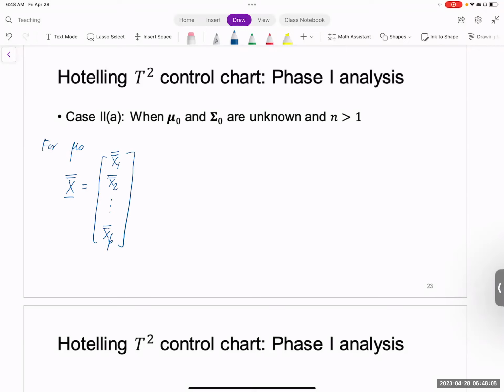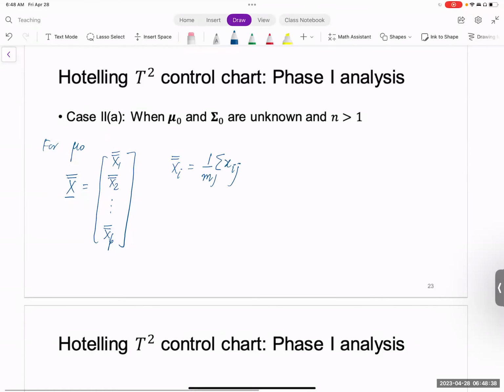All right, very good. Now let's look at a little bit about how you compute x1 double bar. Actually, let's just talk about xi double bar. That's probably easier. Xi double bar is equal to 1 over m summation of xij bar, j equals 1 to m.